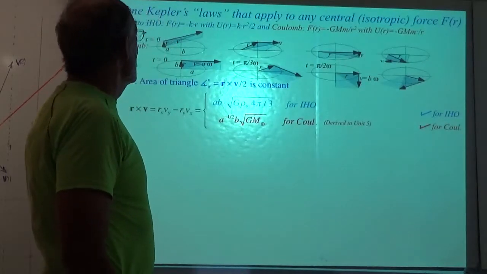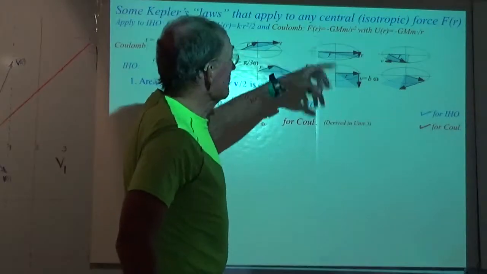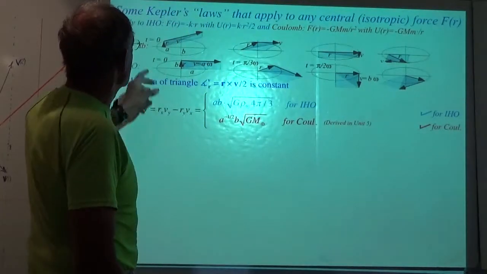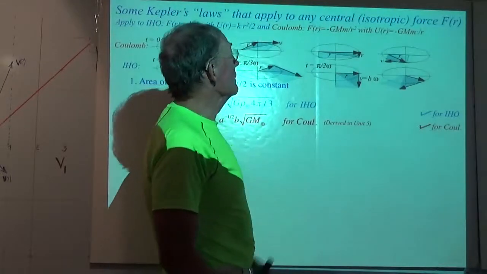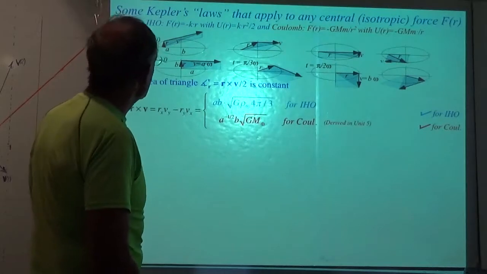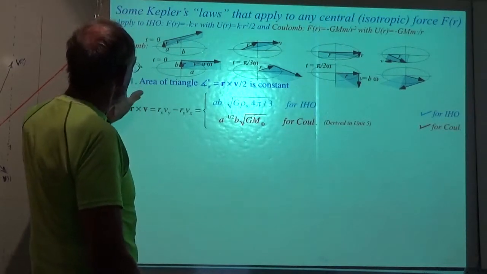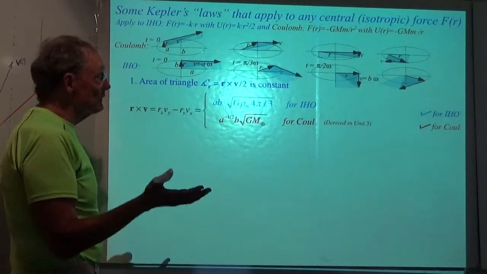Now, let's look at some Kepler laws that apply to any central isotropic force F of r, and we're taking these two examples. Okay, the difference between a Coulomb and an isotropic harmonic oscillator, I've already said the similarities are they make ellipses.